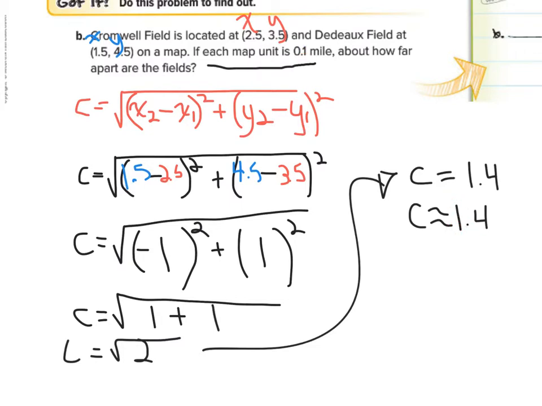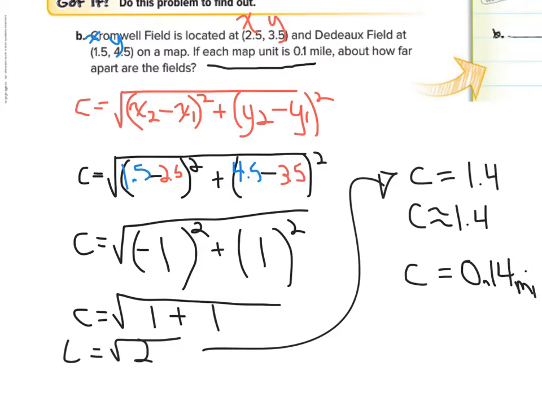So if it's only worth 1/10, I actually have to write it in the format of 1/10, where I actually have the distance here. Okay, my distance is, or actually I could write distance is approximately 0.14 miles.